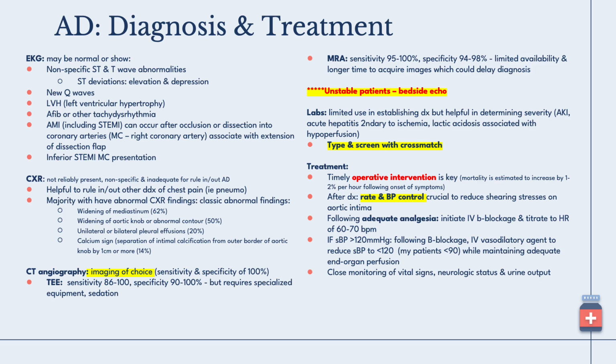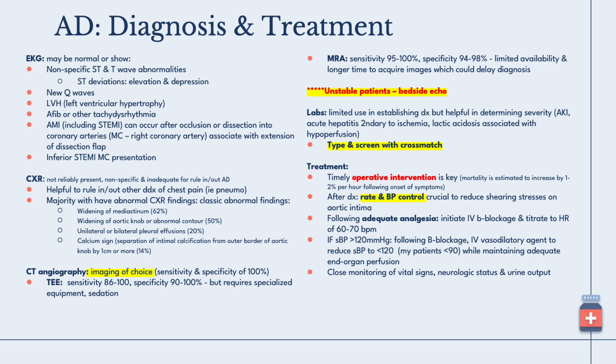Chest x-ray, so here it's not necessarily reliable or could be non-specific, but it is helpful to rule out potential other causes of chest pain that could be on your differential, such as pneumonia. The majority will have abnormal chest findings.